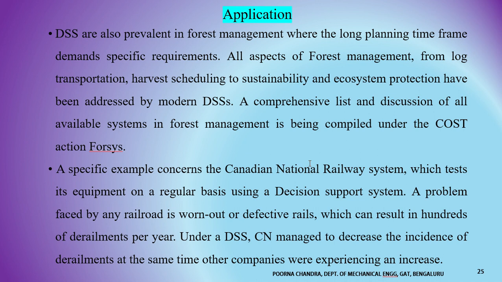That is, the maintenance will be easier and can be done successfully. The rails that are defective can be identified easily, and only those rails can be replaced instead of replacing complete rails.